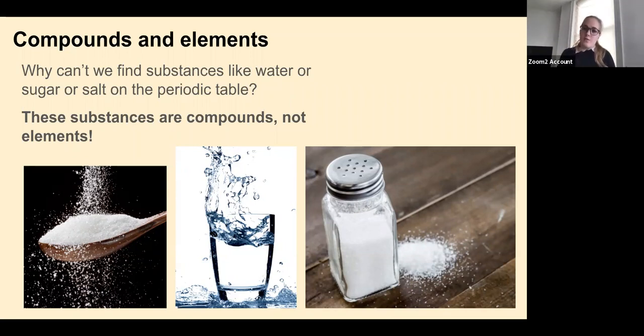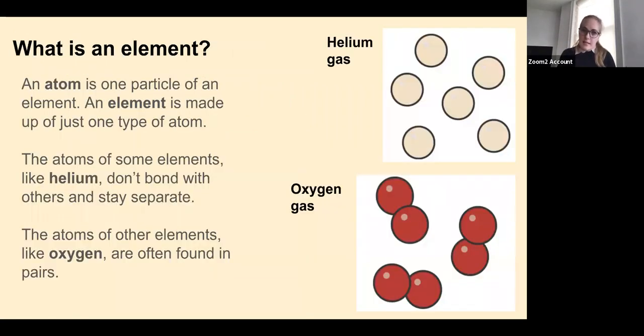Just a real quick recap of what an element is. As we know, an atom is one particle of an element, and an element is made up of just one type of atom. The atoms of some elements like helium don't bond with others and they stay separate. I have a diagram here of helium gas, and you can see that each of these atoms is staying separate from all the others. But the atoms of other elements like oxygen can be found in pairs.